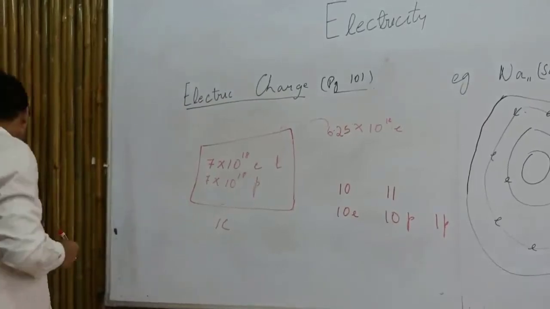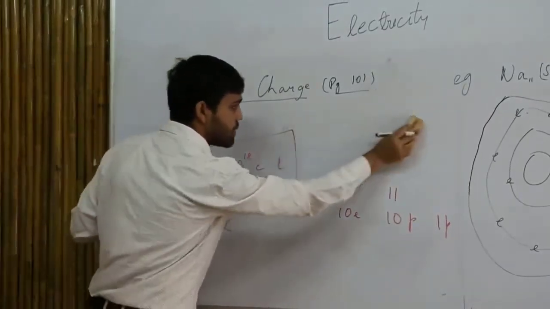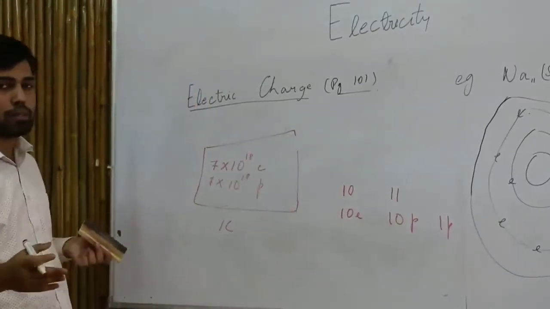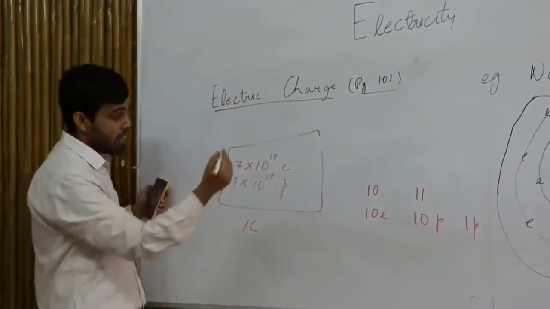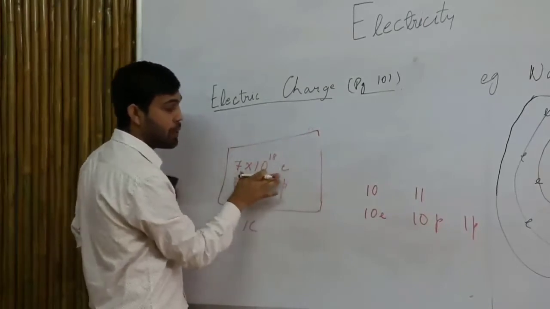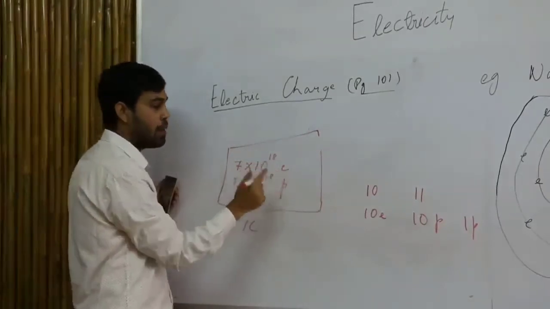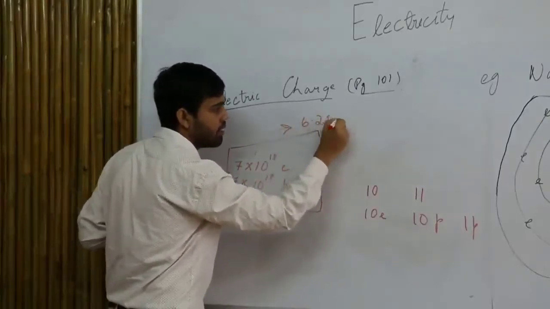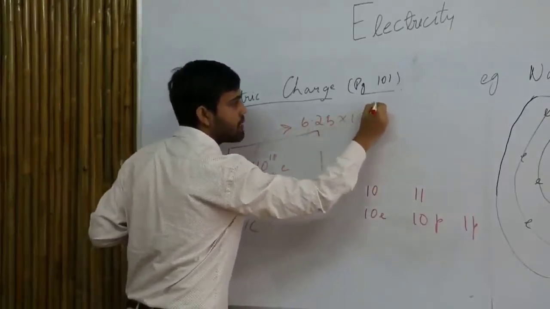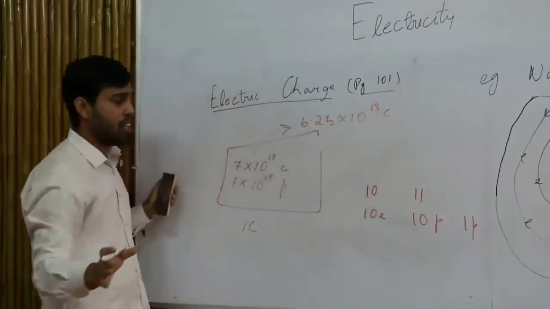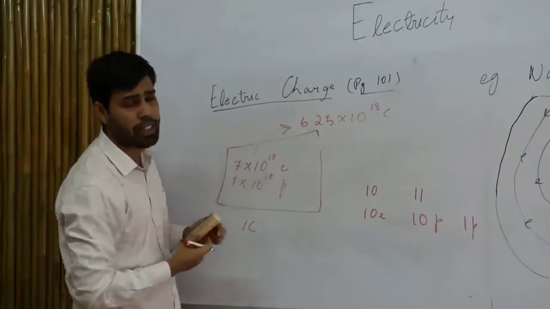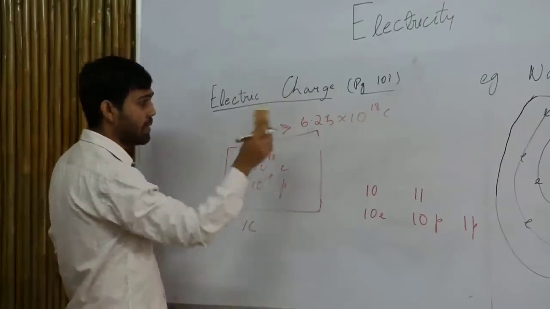Again, suppose in the next case, instead of bringing 6.25 into 10 to the power 18 electrons from outside, I am actually taking 6.25 into 10 to the power 18 electrons from here. So what happens now? When I do so, there are 6.25 into 10 to the power 18 electrons less in here.